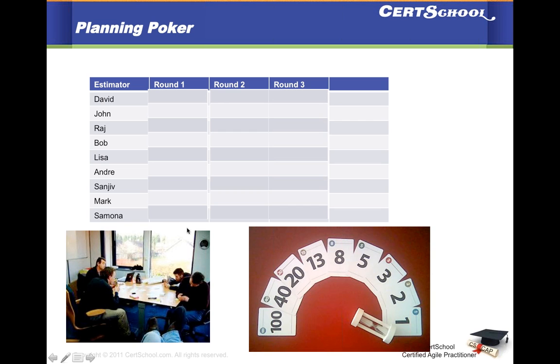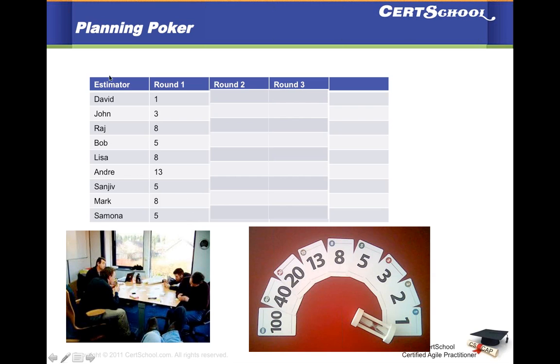The way the game is played is that you pick up a story, and everybody looks at the story, understands the story description, and takes out the card for the estimate they think is right. Let's say they're playing round one, and David pulled out 1 whereas Andre pulled out 13, and everybody else pulled out something in between.